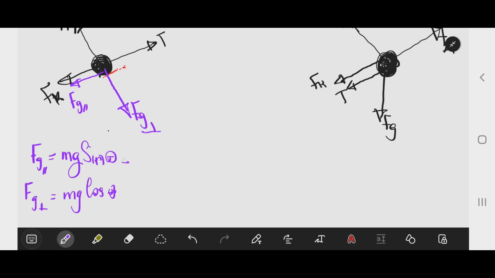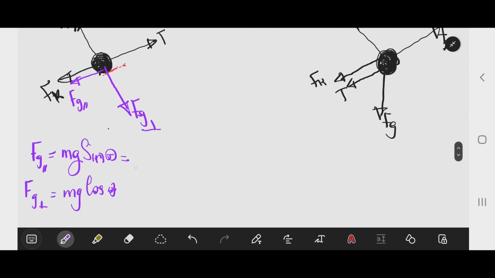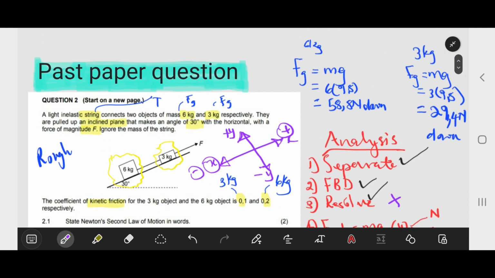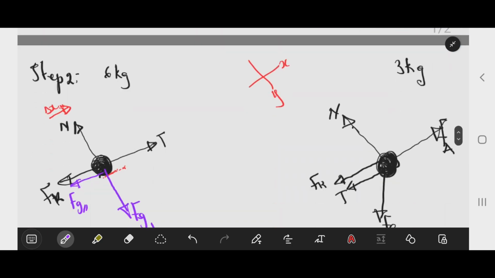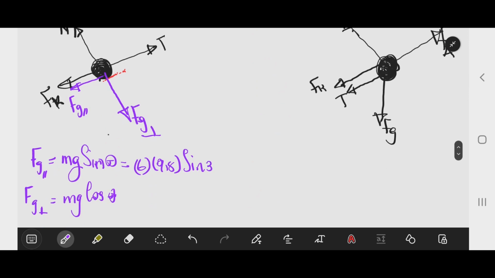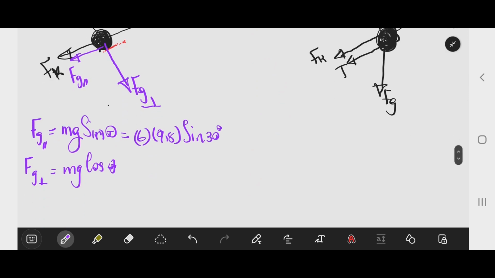By calculation, what is m? The mass is 6 kg, and then g is 9.8, and then the angle of inclination is 30 degrees according to the question. All right, so we have sine 30, and that will give us our answer.